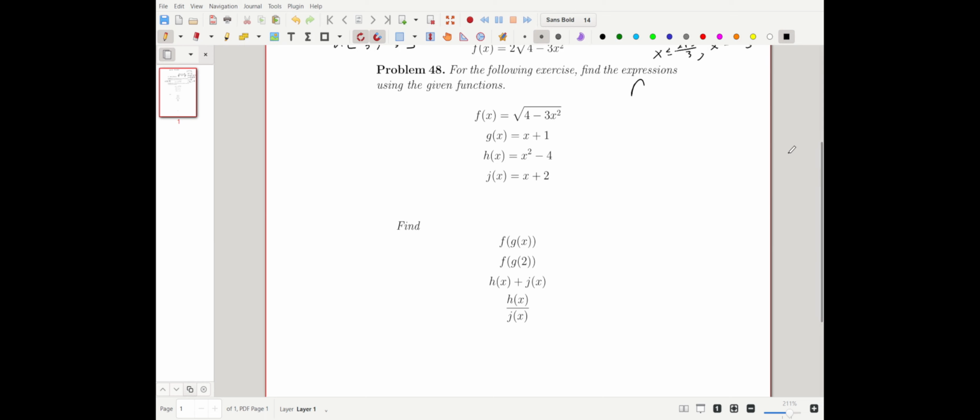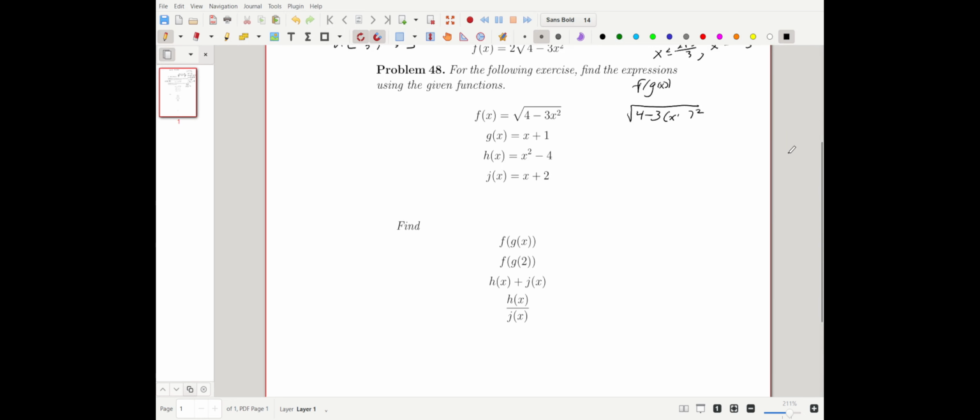So if we're looking for f of g of x, well, f of g of x basically just tells us to write f of x exactly as it is, but wherever you have an x, you just want to put parentheses, and then plug in g of x, which we know to be x plus 1.